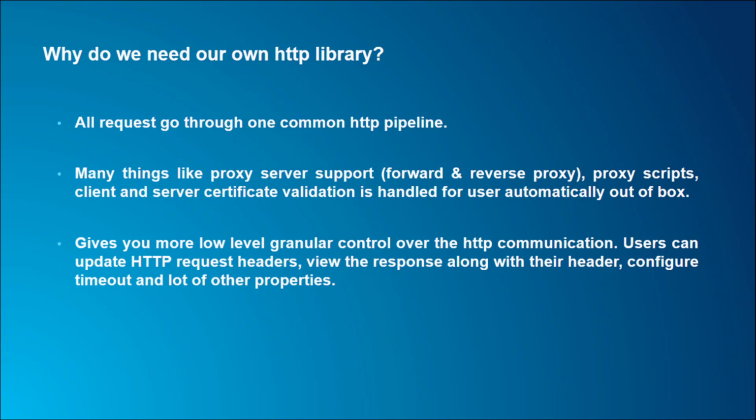And with this design, you will get prompted only once and not multiple times. So that's one of the biggest advantages that we get by making all the requests go through one HTTP channel.